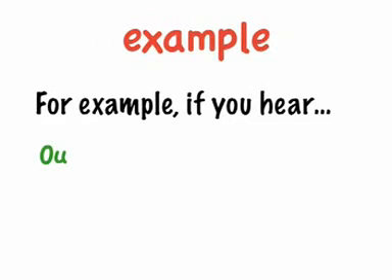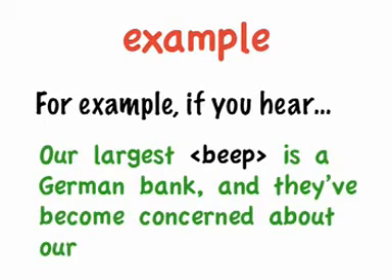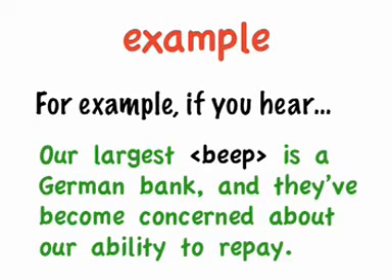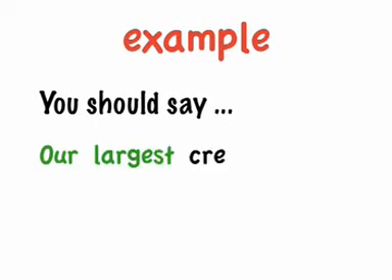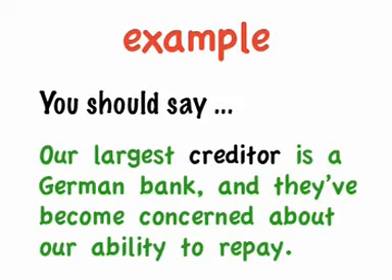For example, if you hear, Our largest blank is a German bank, and they've become concerned about our ability to repay, you should say, Our largest creditor is a German bank, and they've become concerned about our ability to repay. We'll play an example answer after each exercise. Are you ready? Let's begin.